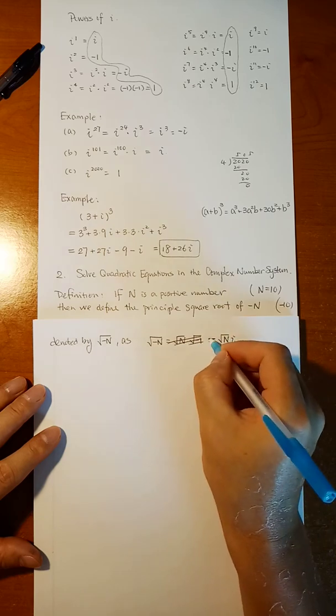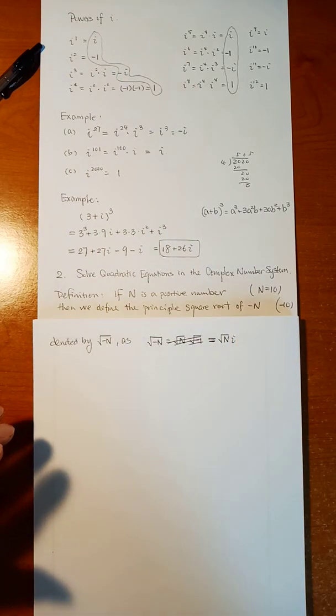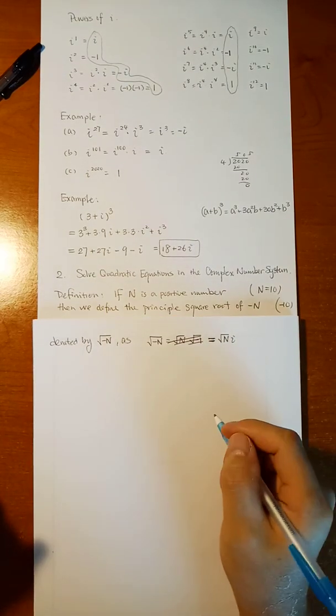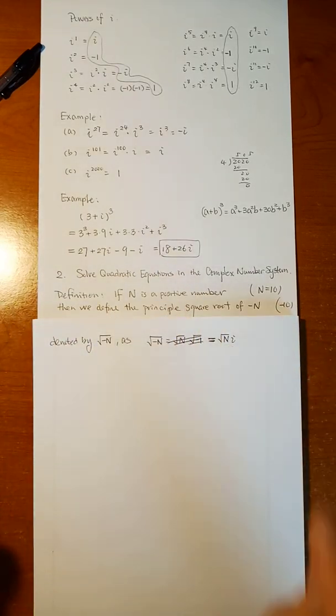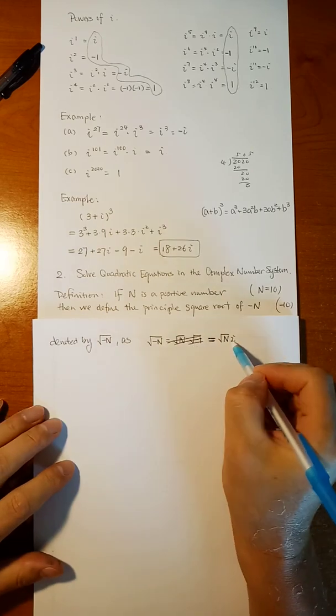No middle step, just directly go this way. We understand it as separating them, but that's just understanding; by the definition, the square root of negative 1 is i.